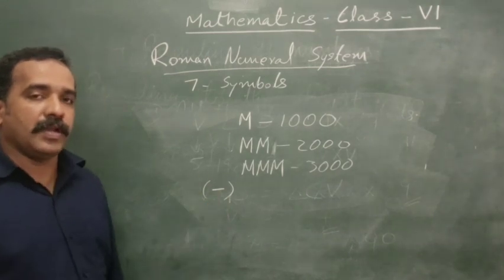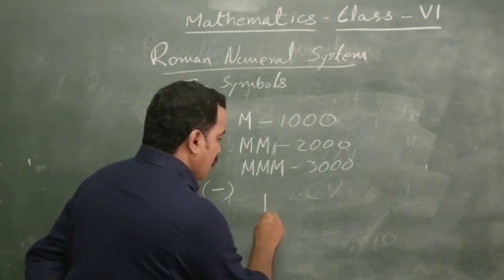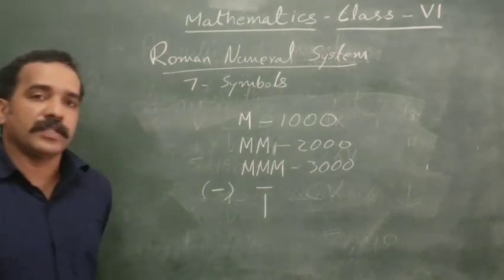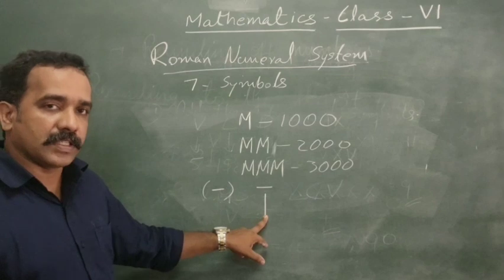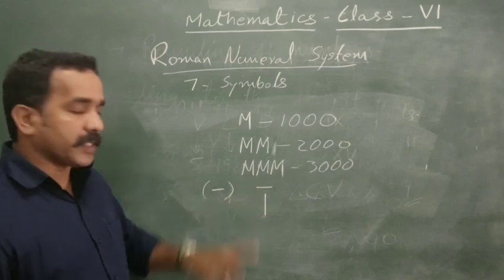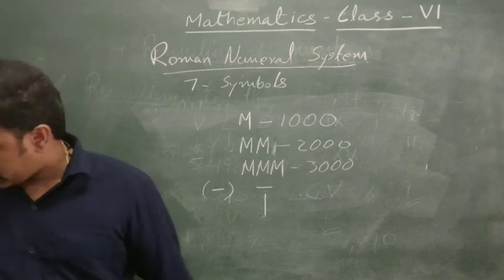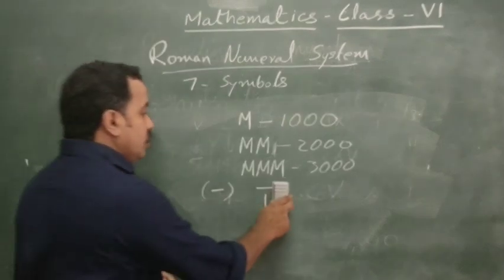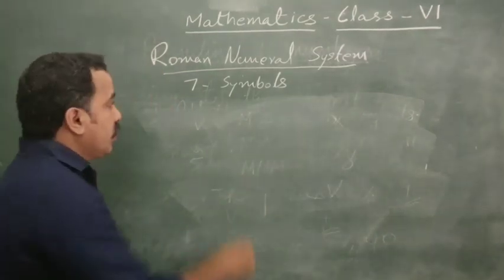For example, if I write like this, it represents 1000. You know, I represents 1 and this represents thousands. So this is 1000. And if you want to write 2000, how can you write it?